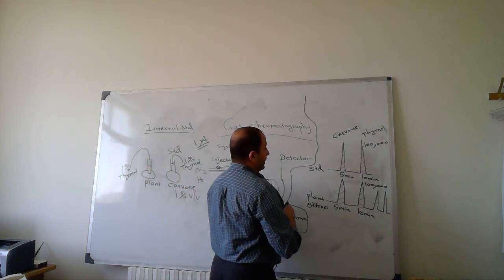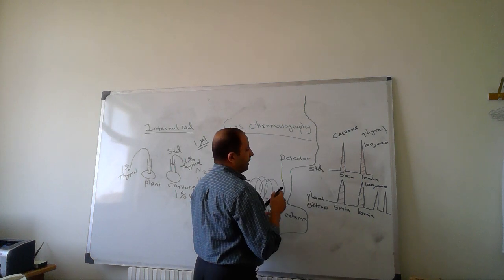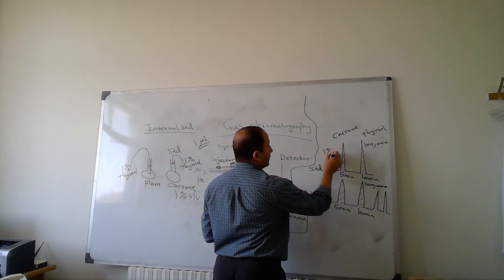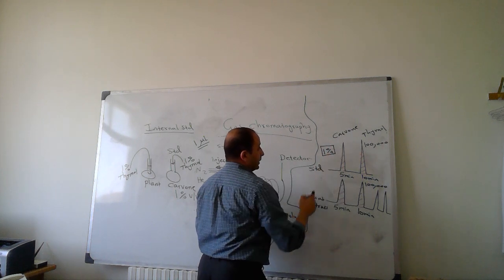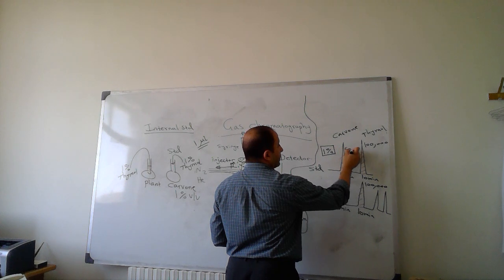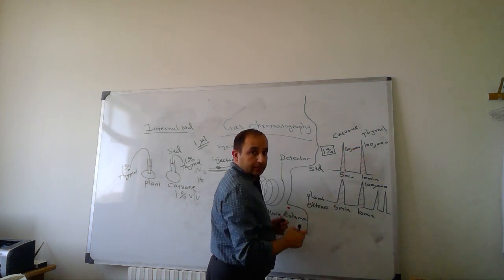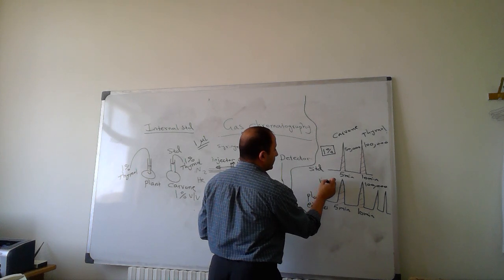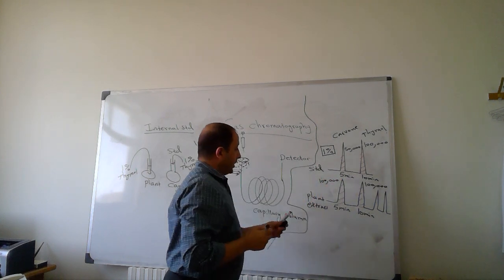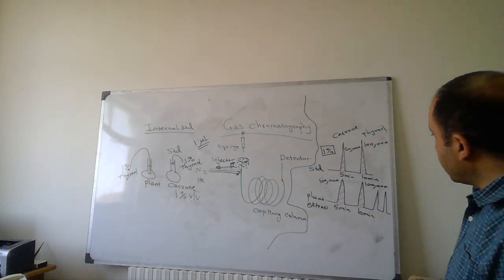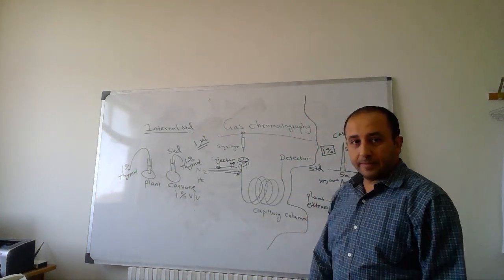So, if the standard, as I said, has a concentration of 1%, and we have an area under the curve of 50,000, now in the plant extract we have 100,000. So in the plant extract the area under the curve is twice the area under the curve of the standard.